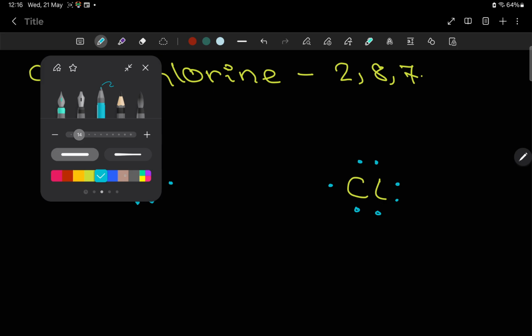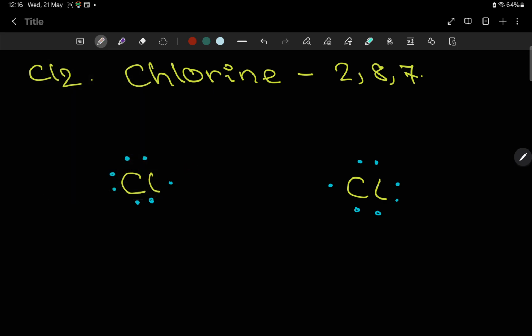Let me show. These two will share with each other. So it will become 1, 2, 3, 4, 5, 6, 7 and 8, and this chlorine will have 1, 2, 3, 4, 5, 6, 7 and 8. So chlorine has attained its octet configuration.